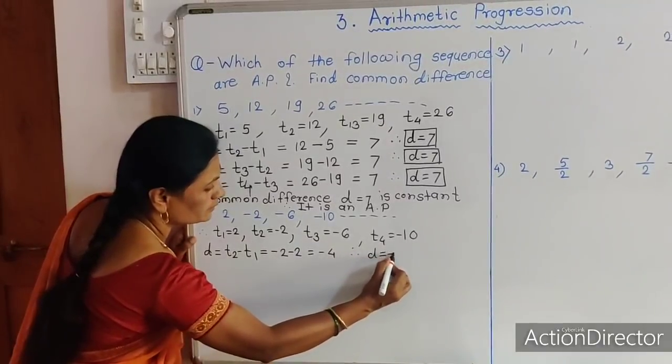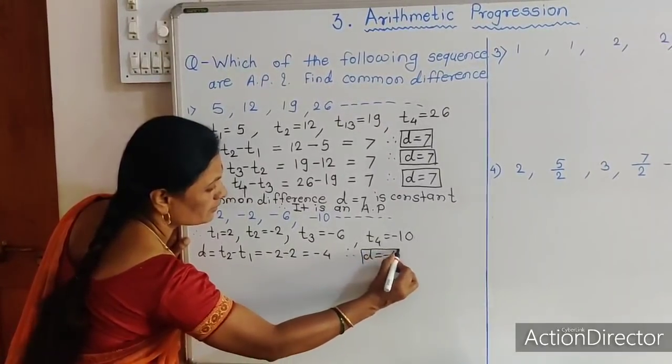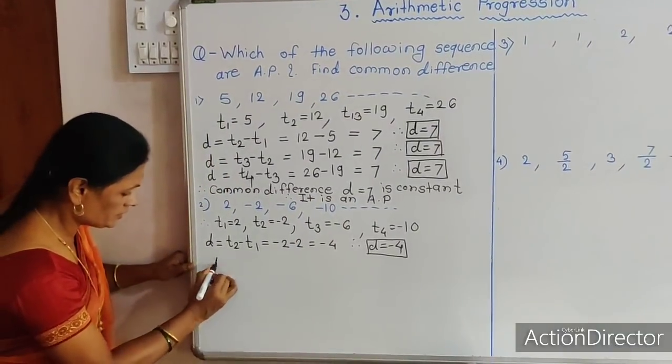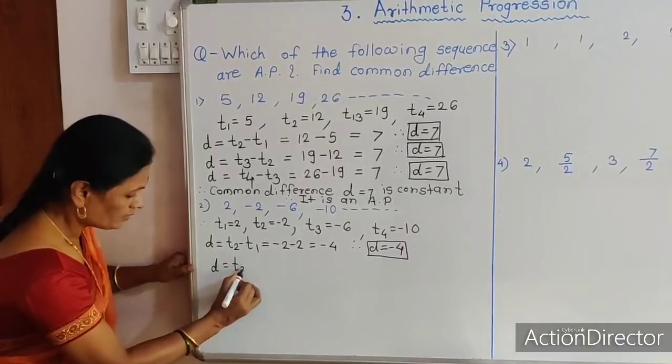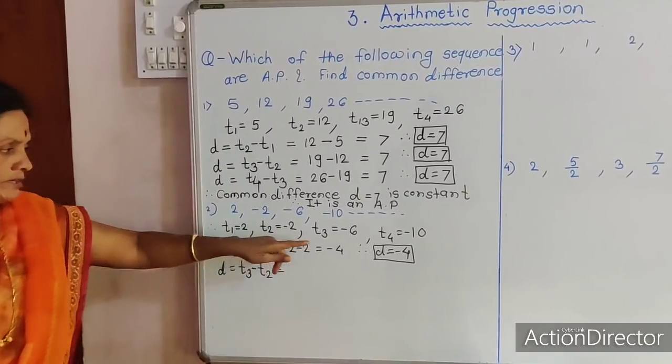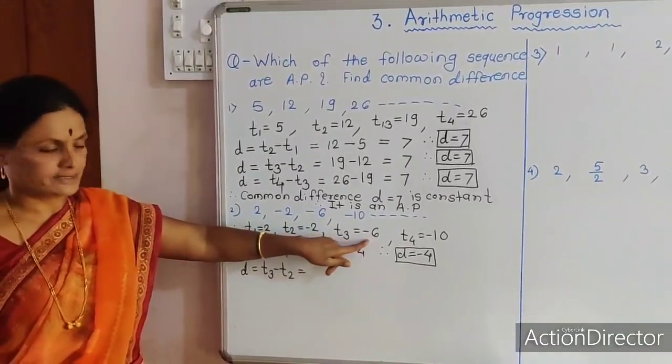Therefore, D is equal to minus 4. First difference is minus 4. Next, D is equal to T3 minus T2. The value of T3 is minus 6.